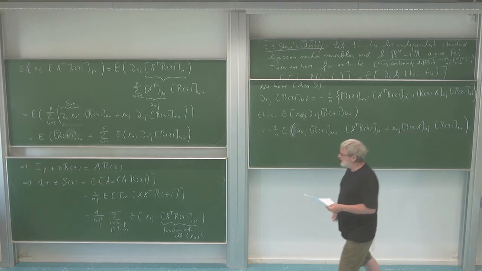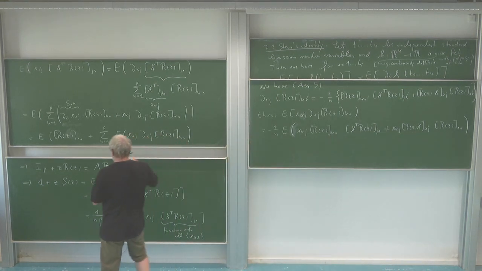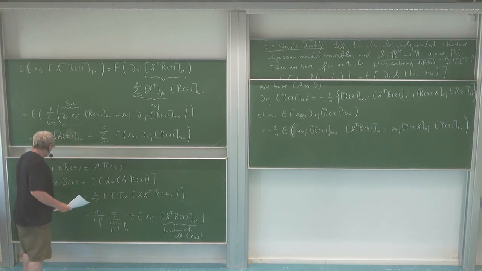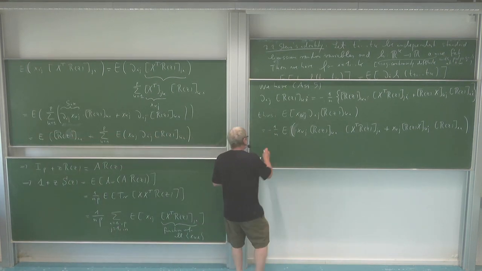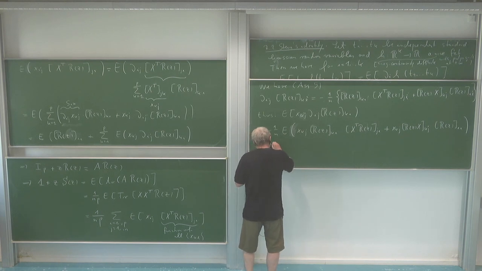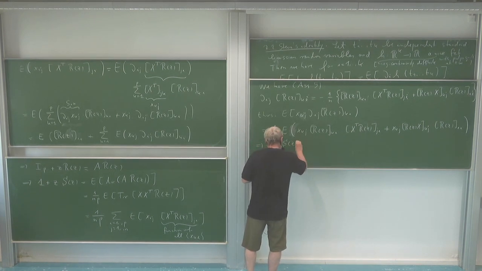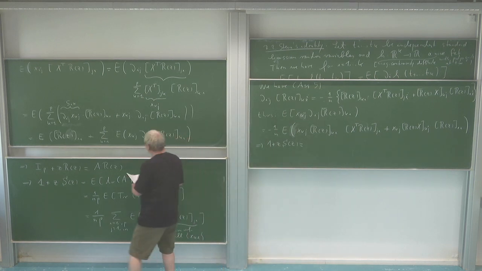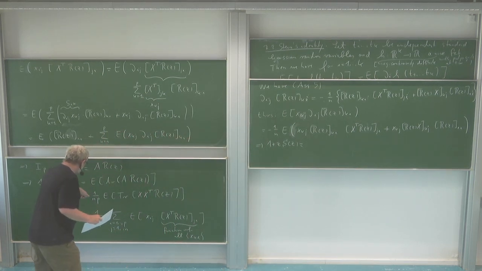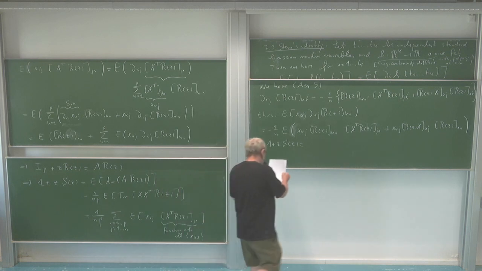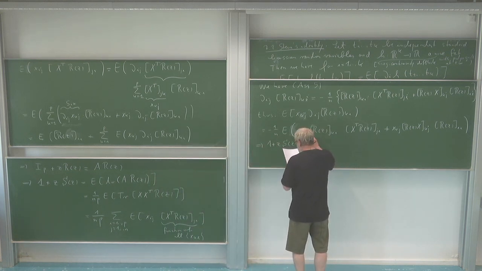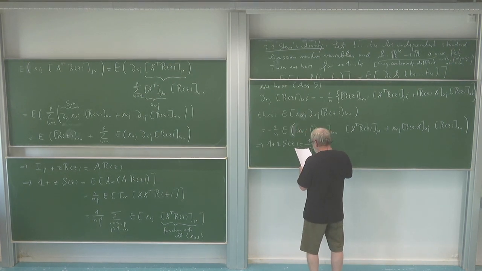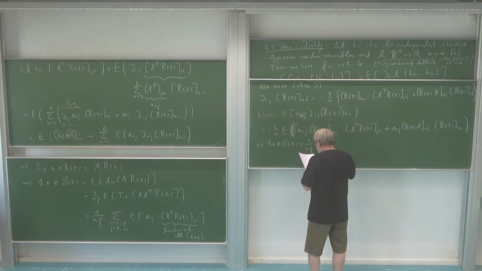Maybe now let me go back to what I really want. This is only part of what I want. So what I really have is this equation 1 plus z times s of z. So what was this? This was 1 over n times p, and then I have this double sum, 1 over np, where I is running from 1 up to p and j is running from 1 up to n.